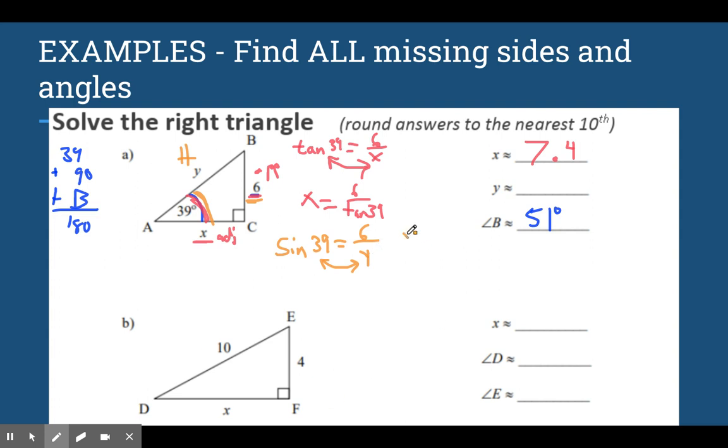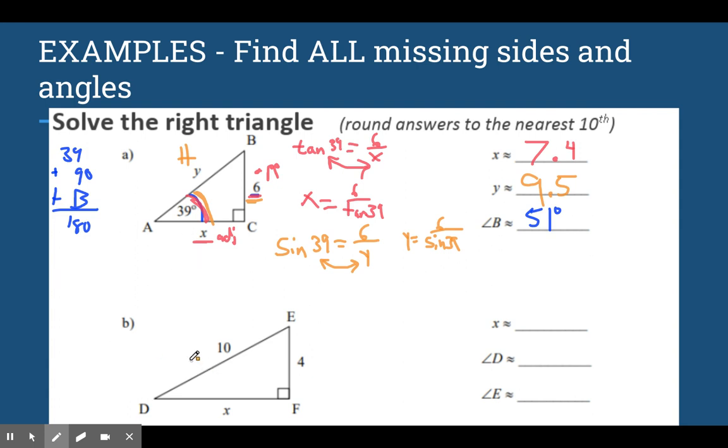So we end up with y is equal to 6 divided by sine 39. And once again, type that into your calculator, right? I do 6 divided by sine 39, and that comes out to about 9.5. So that means y is 9.5. Okay, now we have all three side lengths solved and all three angles solved.